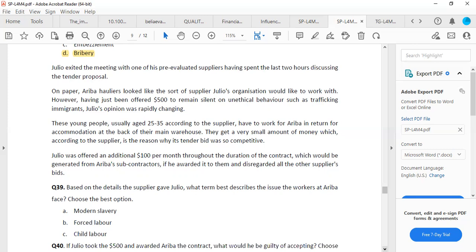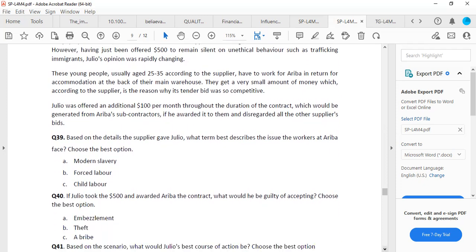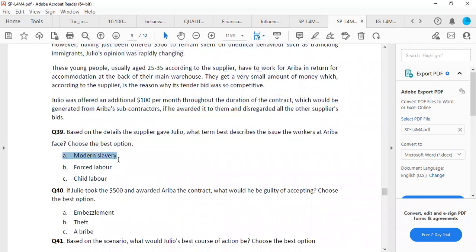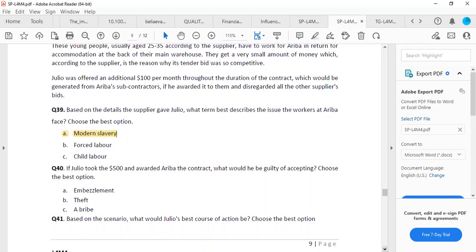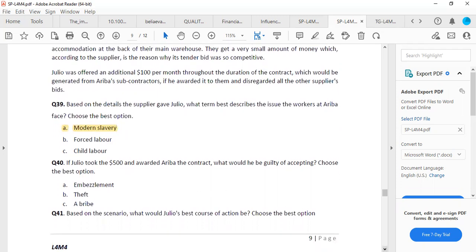I don't think it's child labor because the people are aged between 25 and 35. And it's not forced labor, as they are not being forced to work. They are working to get a place to live. So it is modern slavery.